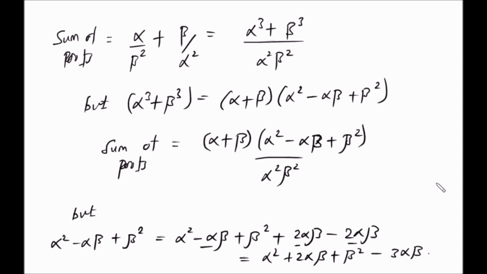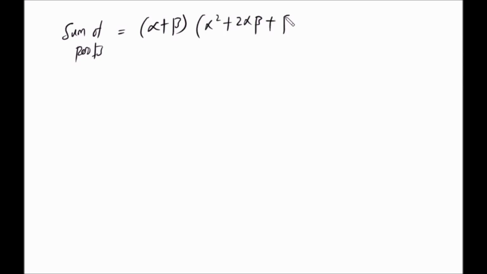So now the sum of roots will be alpha plus beta times alpha squared plus 2 alpha beta plus beta squared minus 3 alpha beta, all of this over alpha squared beta squared.